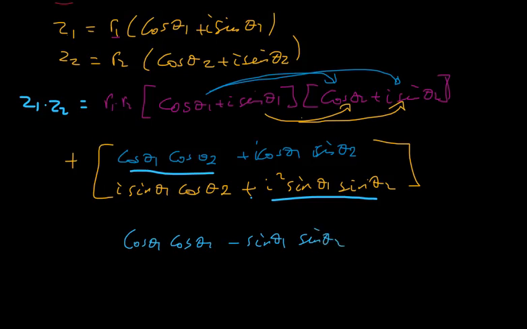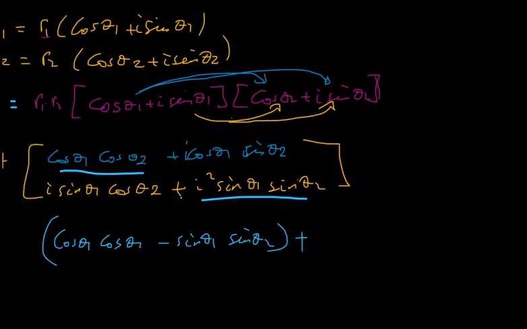We're collecting like terms. Then we have the i part, which is i times cosine theta 1 sine theta 2 plus sine theta 1 cosine theta 2.